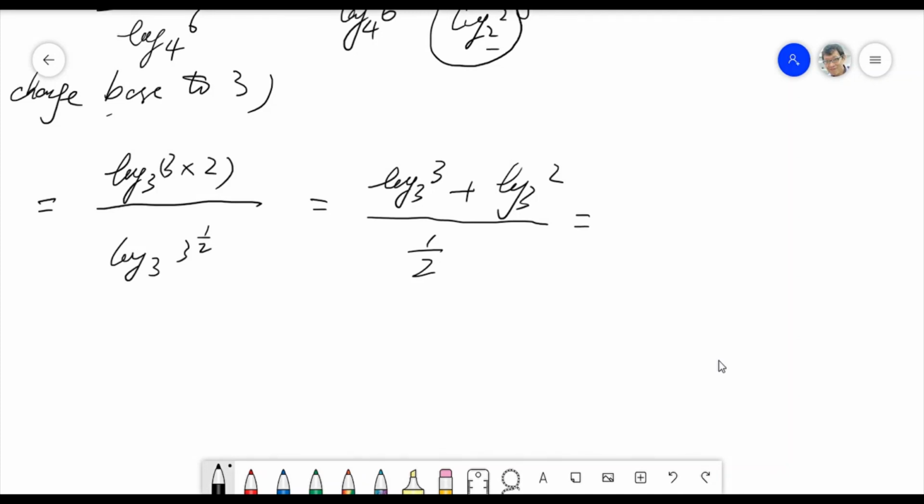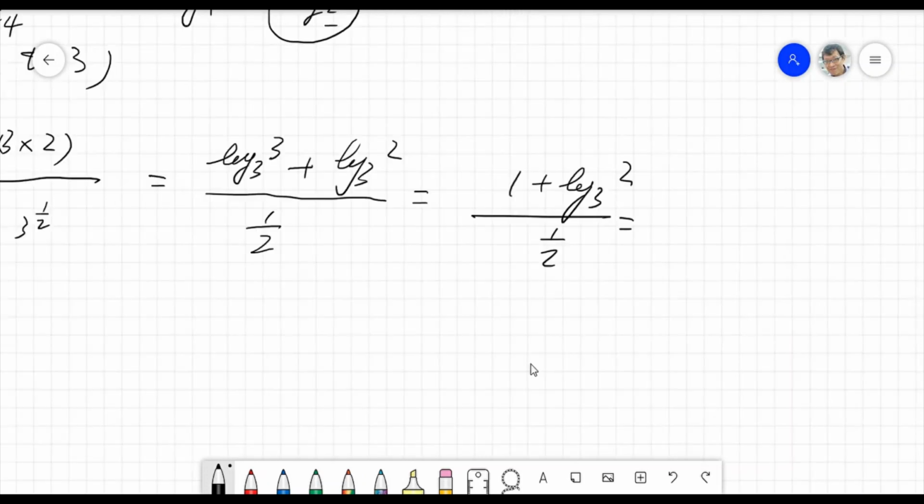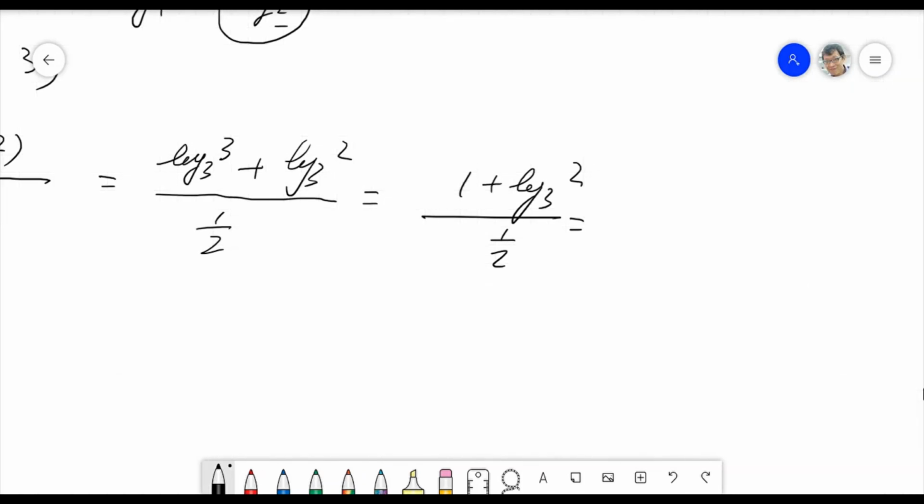This can be 1, so 1 plus log base 3 of 2, and the numerator is 1/2. It can be simplified as 2 plus 2 log base 3 of 2 in the denominator. I think this is the most simplified one.